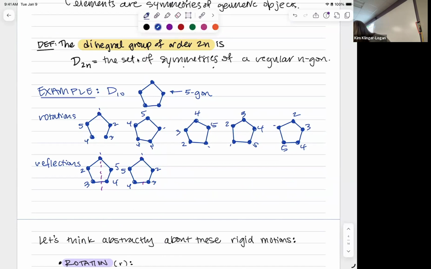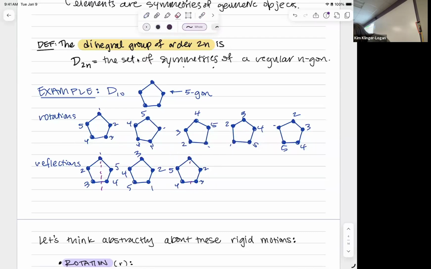So if I were to reflect about this axis, that would swap 1 and 3 and 4 and 5. So 2 stays fixed, and then 1 and 3 swap, and 4 and 5 swap.